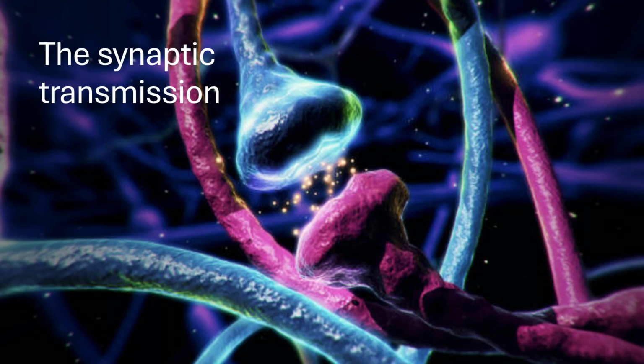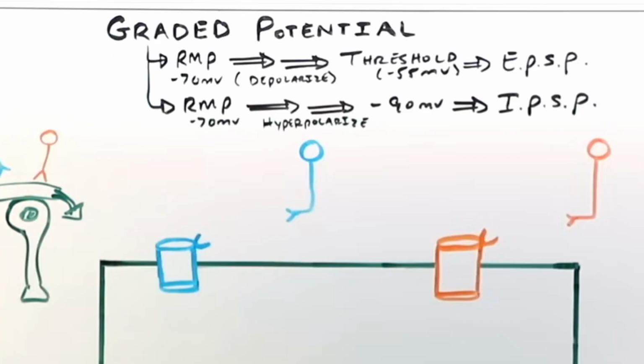It needs to relay the message over to the next neuron. Between one neuron and another, there's a gap. This gap is crossed via the synaptic gap, through transmissions crossing from one neuron to the next one, relaying over the message. So now we're going to find out how this works exactly.